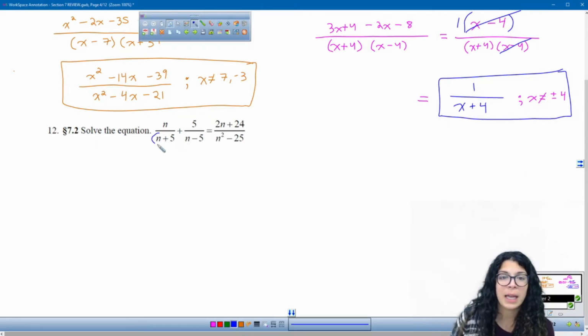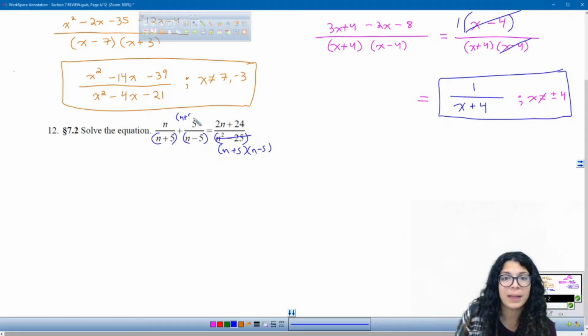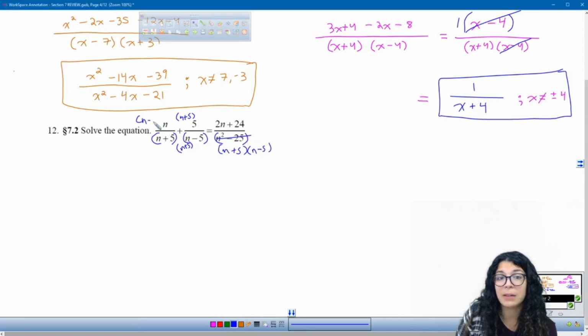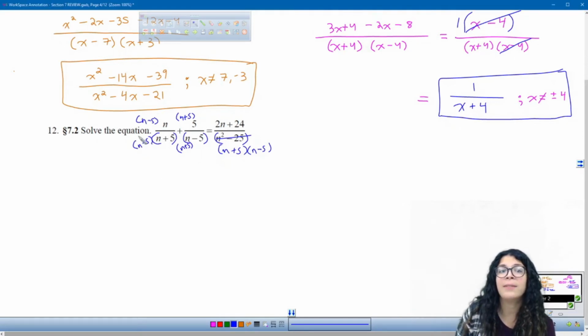This denominator is n plus 5, this denominator is n minus 5, and this denominator is n squared minus 25, which actually factors into n plus 5 times n minus 5. So if I multiply n plus 5 on this fraction, and then I multiply n minus 5 on this fraction, then I have n plus 5 times n minus 5 on every single denominator.